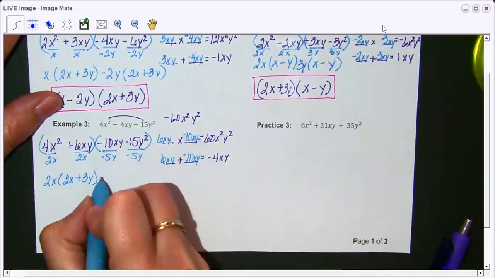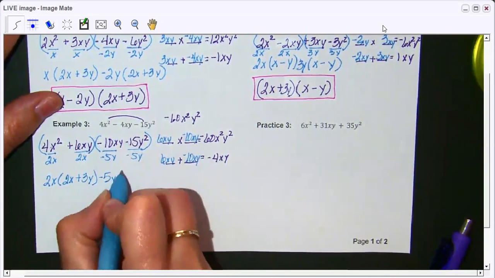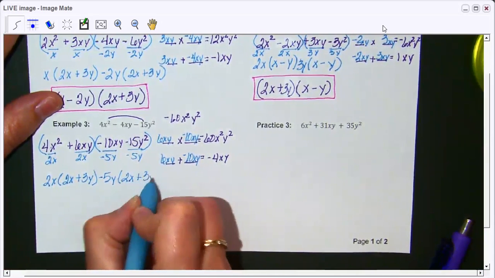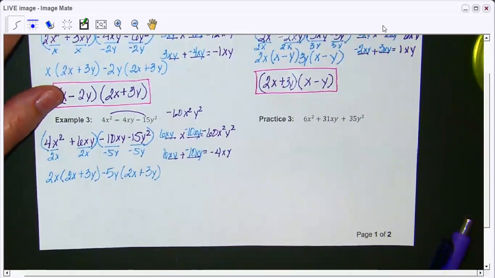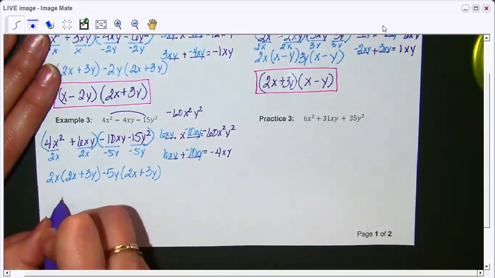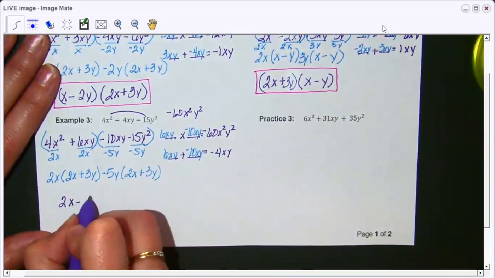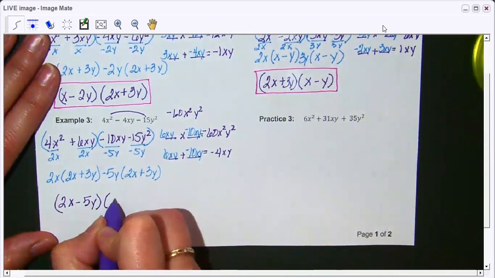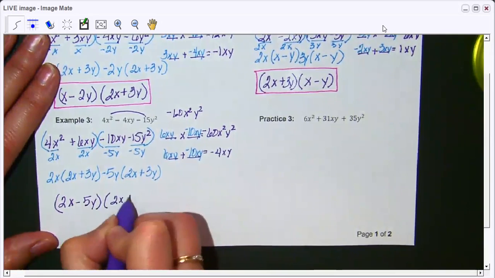I factored out a negative 5y, and I end up with 2x plus 3y. So now we have 2x minus 5y times 2x plus 3y.